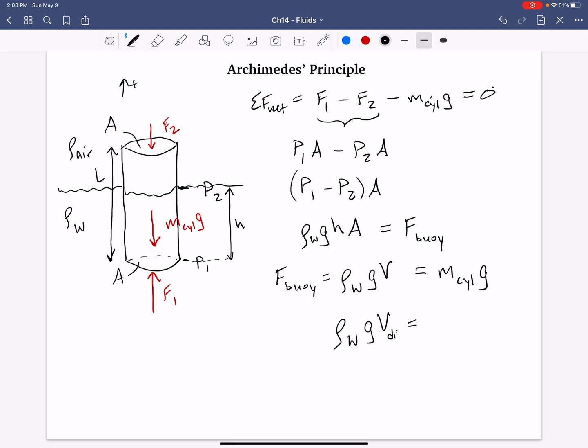Putting mass in terms of density and volume, we have the density of the cylinder times the volume of the cylinder times g. If we write it this way, little g cancels out, and we simply have a ratio.